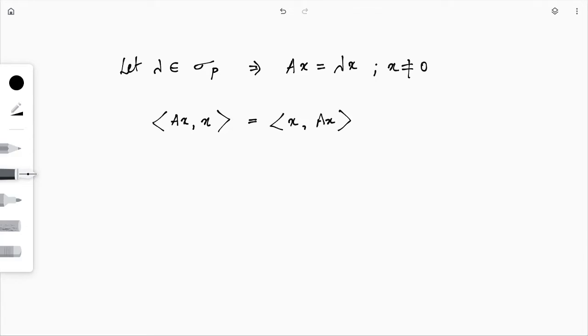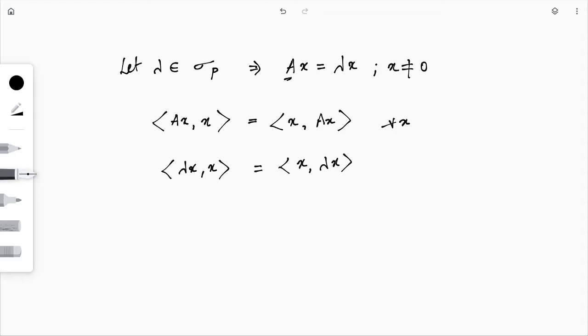Why? Because A is self-adjoint, so <Ax, x> equals <x, Ax> for every x. I'm going to replace Ax by lambda x. So this will be <lambda x, x> equal to <x, lambda x>.